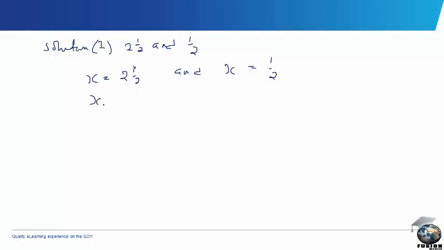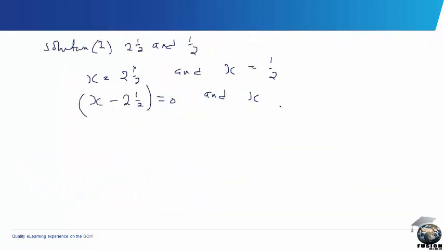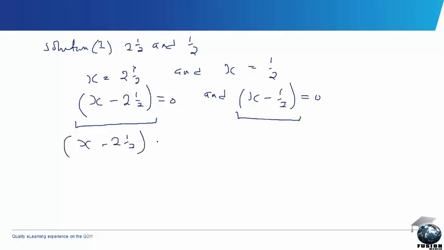So you can go back to making them equations equal to 0. It's positive 1 over 2, not minus. This gives you back x minus 1 over 2 is equal to 0. And so the two brackets we need are this and this. We multiply them together.